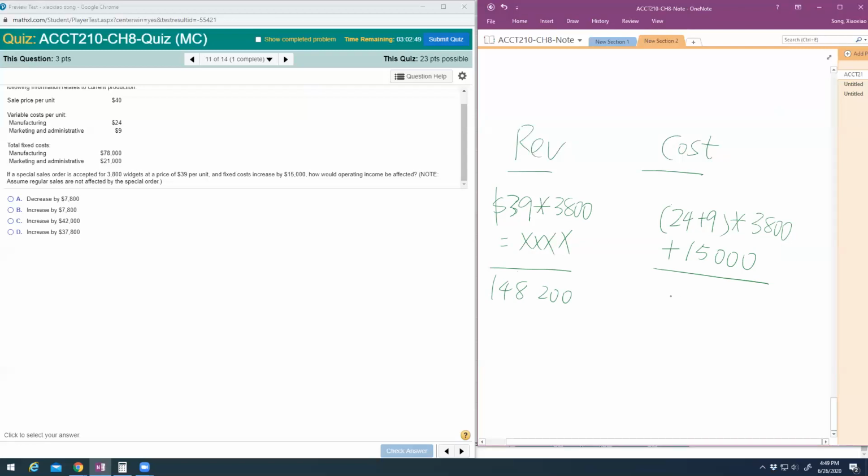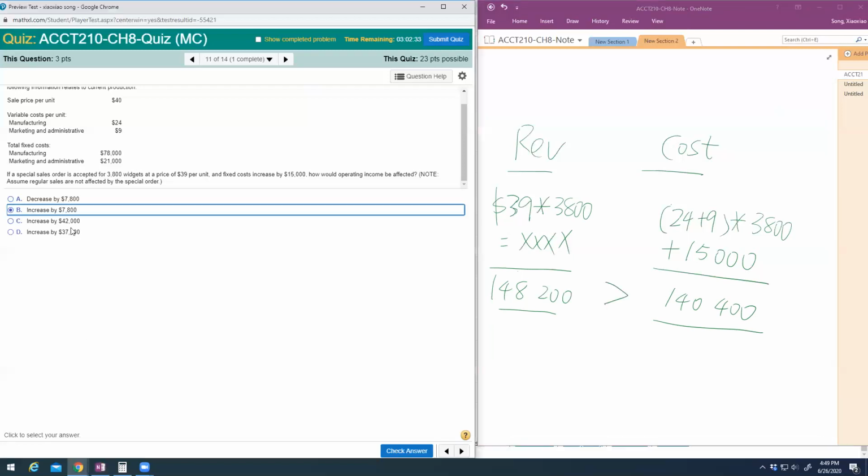So it's 140,400. So you will get revenue this, your cost is only this. You tell me, should you take it, yes or no? Our answer is your income will increase by this.